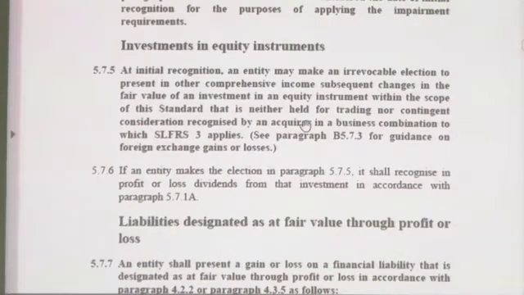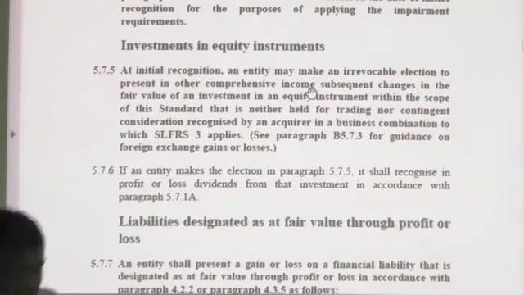The business combination is identified under SLFRS 3, right? Is that clear? Therefore, if you keep it for trading purposes, it is fair value through P&L, right? If it is not for trading, neither held for trading means not for trading, fair value through OCI. If it is for trading, fair value through P&L.